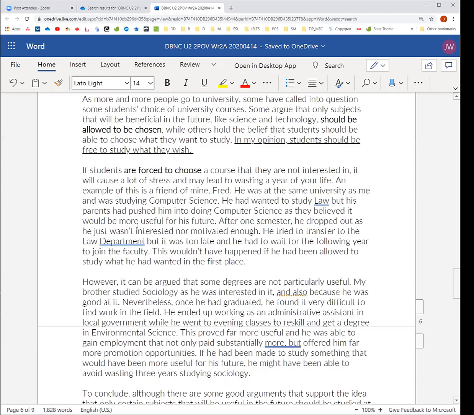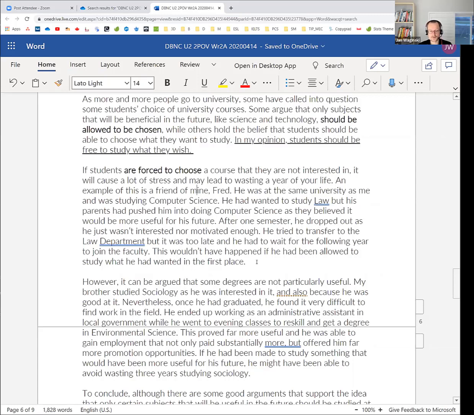After one semester, he dropped out as he just wasn't interested, nor motivated enough. He tried to transfer to the law department, but it was too late and he had to wait for the following year to join the faculty. This wouldn't have happened if he had been allowed to study what he had wanted in the first place. Okay, very nice reading.